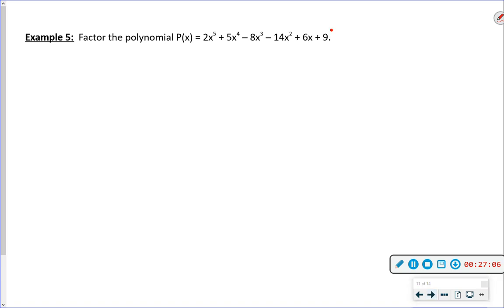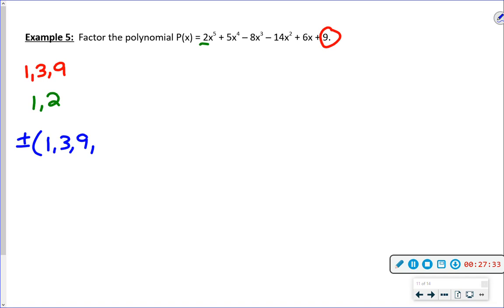So let's start with our possibilities. 9. What are all the factors of 9? I'm glad there's not very many, right? Lead coefficient, 2. Factors of 2. Got it. So my possible zeros are all the red numbers over 1, which is just all the red numbers, and all the red numbers over 2.